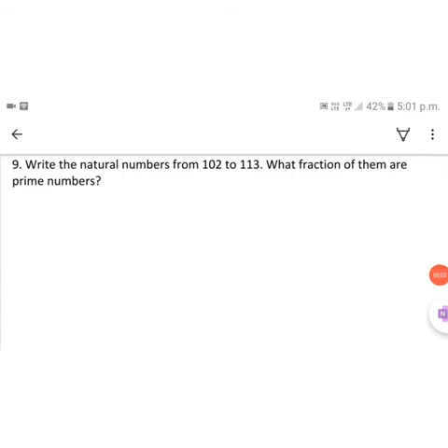Question number 9. Write the natural numbers from 102 to 113. What fraction of them are prime numbers?